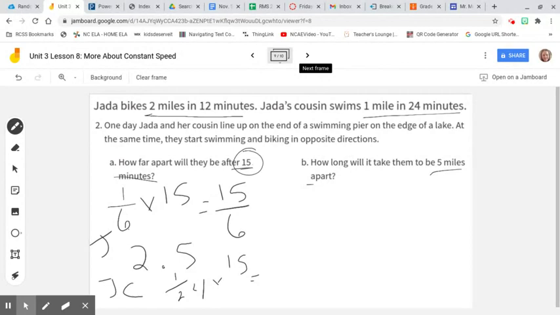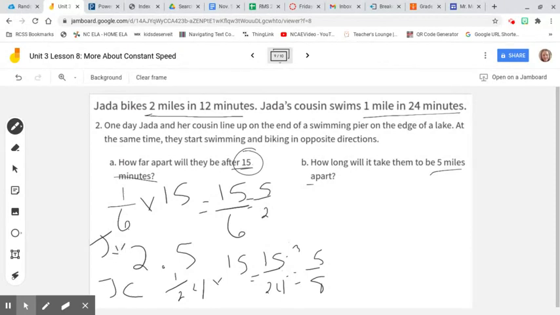It'll be 15/24, which is the same thing as, we can divide that by 3, that by 3, so that's 5/8. I can also simplify Jada's too, because 3 will go into 15 5 times, and 3 goes into 6 2 times, so 5/2, which is the same thing as the 2.5 right here.